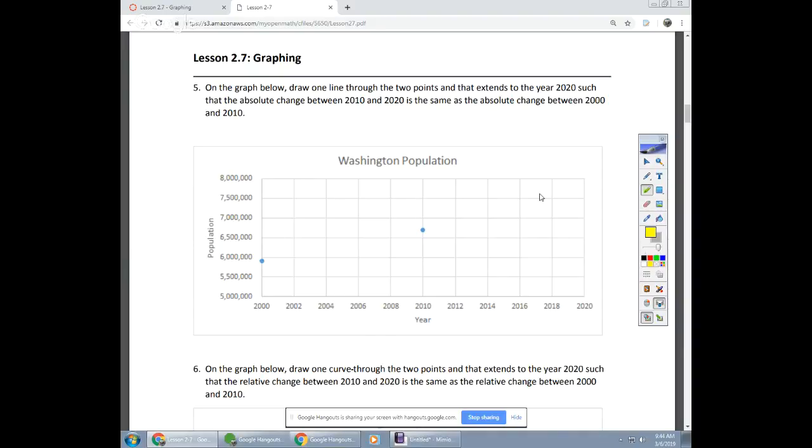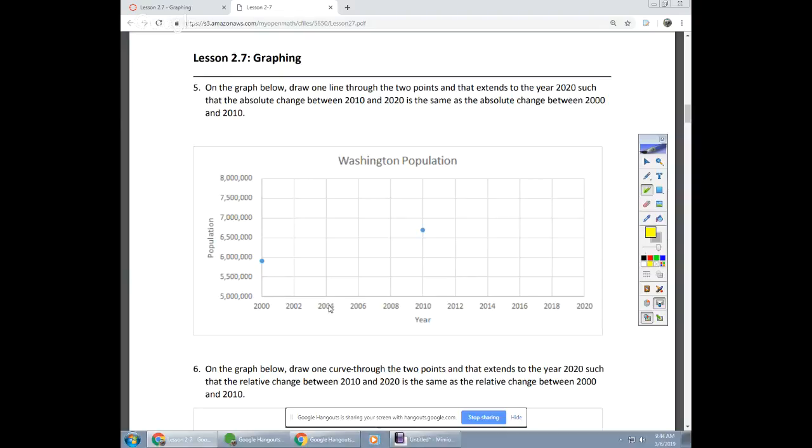So next, we're going to consider the idea of absolute change versus relative change. So think back to the work we did before. How do you find absolute change? Absolute change is just how far apart are they? Find the distance.